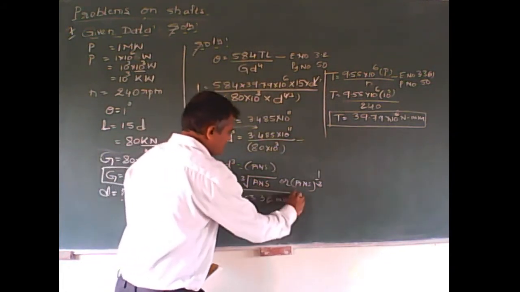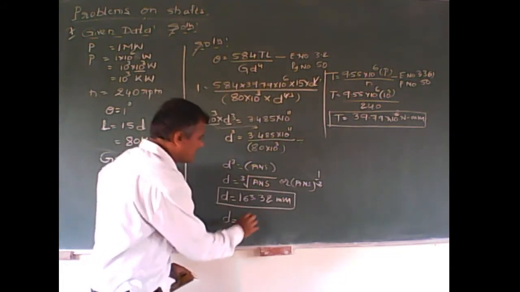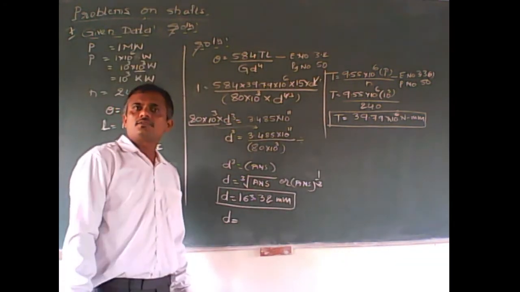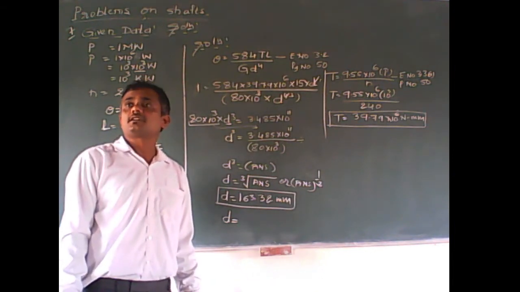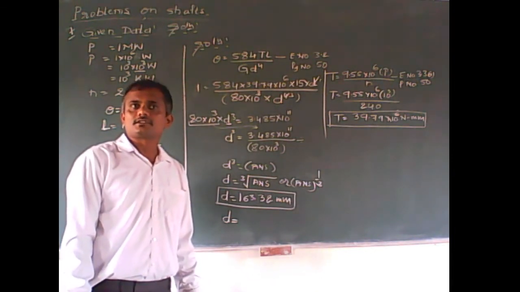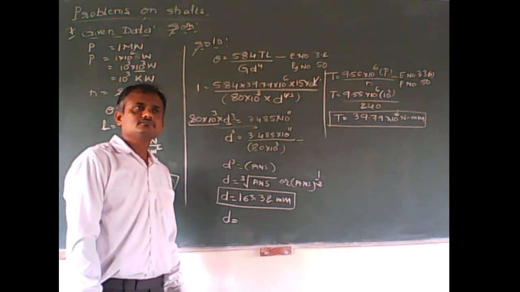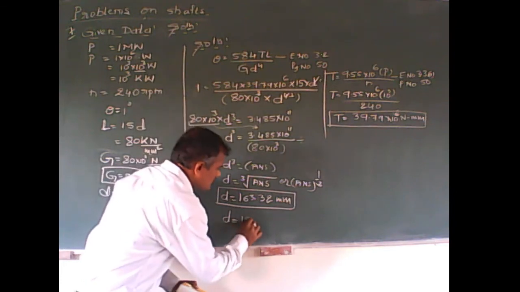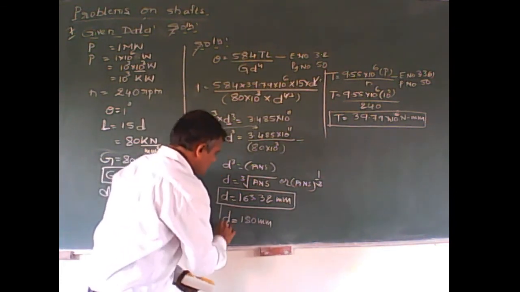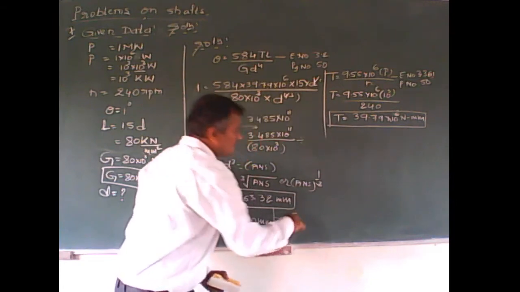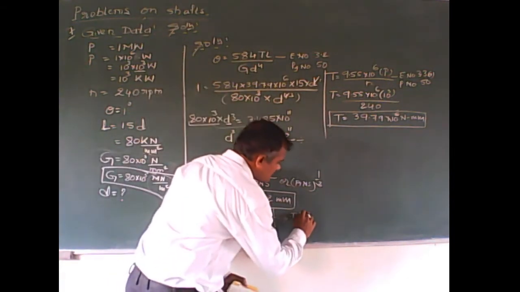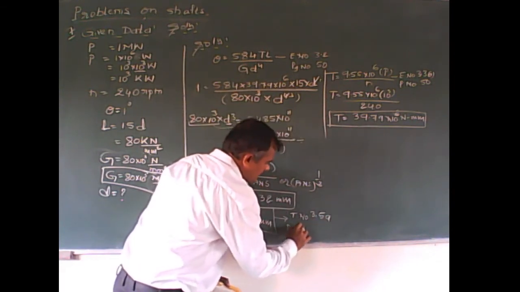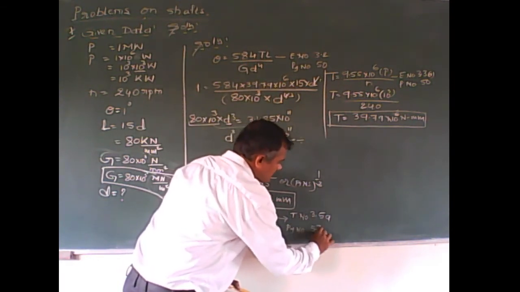So this is the value. After referring to the standard table, what answer are you getting? Refer table number 3.5a, page number 57, I think. 180 mm is the standard value of diameter, referring to table number 3.5a and page number 57.